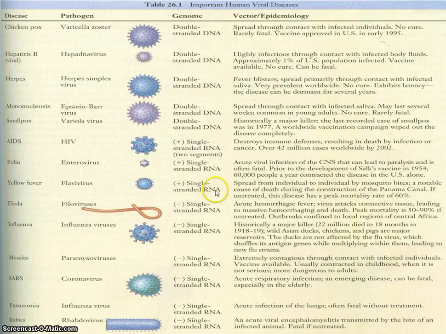But notice this long list of RNA viruses, starting here with HIV all the way down. The big thing, and we'll talk about this later, these are common ones. There's a lot more, but the common ones that can affect humans, the first few that were mentioned, chickenpox, hepatitis B, herpes, mononucleosis, those, smallpox even, smallpox is DNA.